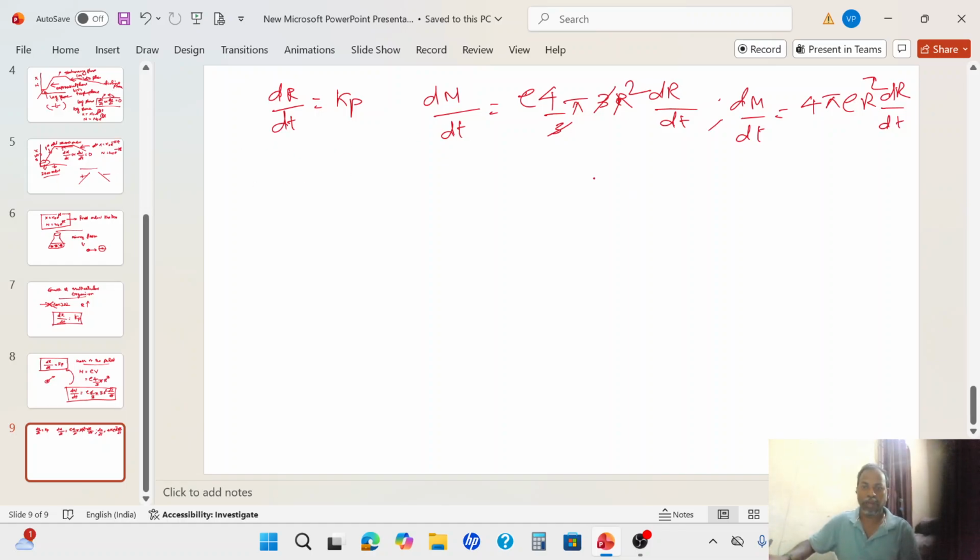And when you replace dr by dt, dm by dt is equal to kp 4 pi r square rho.